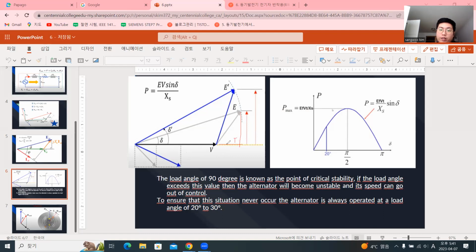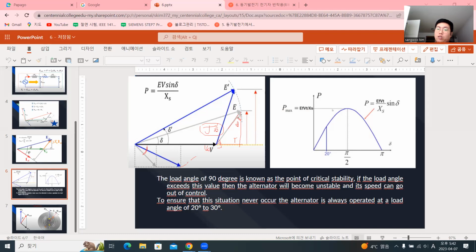This is 90, and this angle here is the same, and then this angle is theta. Here we have jXs, because we neglected the R and the leakage reactance. This is the armature reactance part.